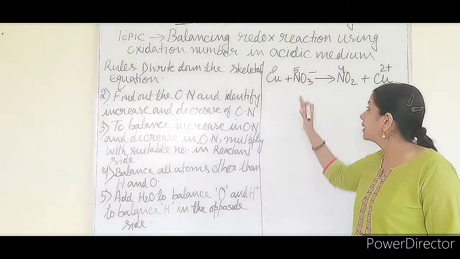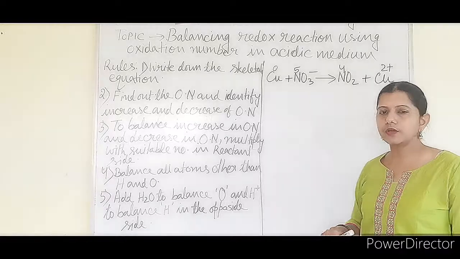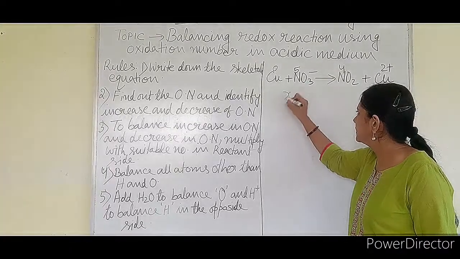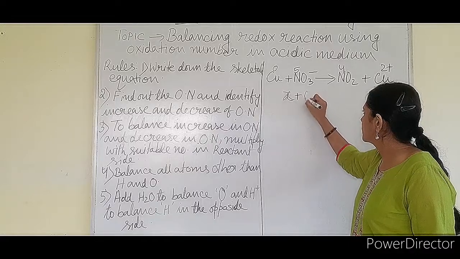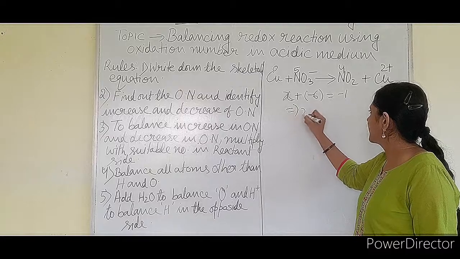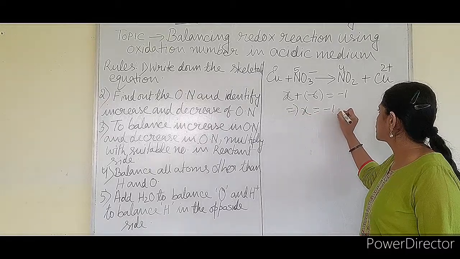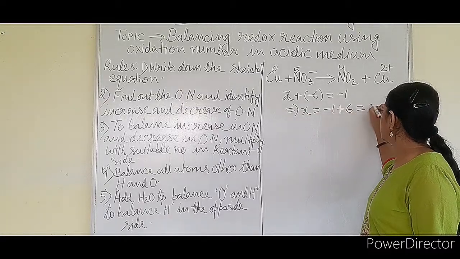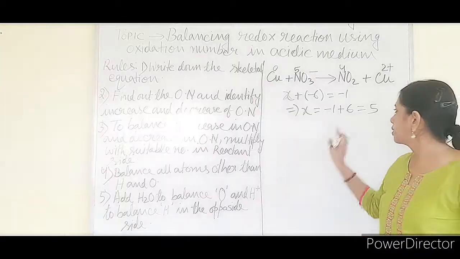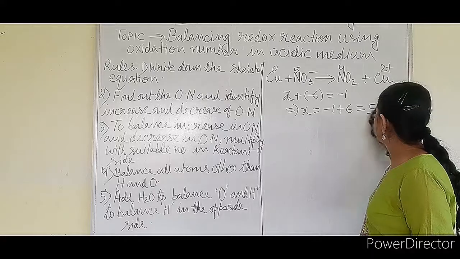You know how to find it, but still I am writing X plus -6 equals -1. So X equals -1 plus 6, that is equal to 5. This is the oxidation number of nitrogen.